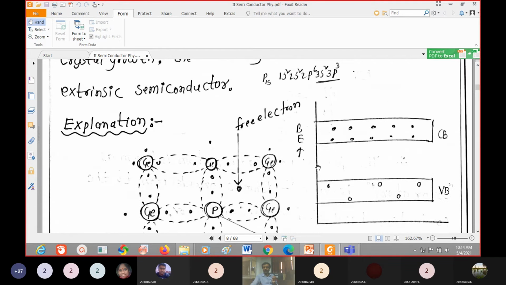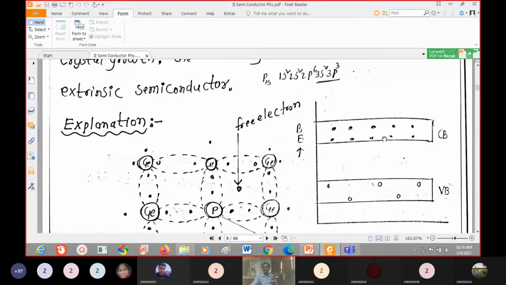How are holes present? If we supply some energy, these bonded electrons also escape from the valence band, so holes will be present in the valence band. In the conduction band, including these bonded electrons, there are free electrons also.